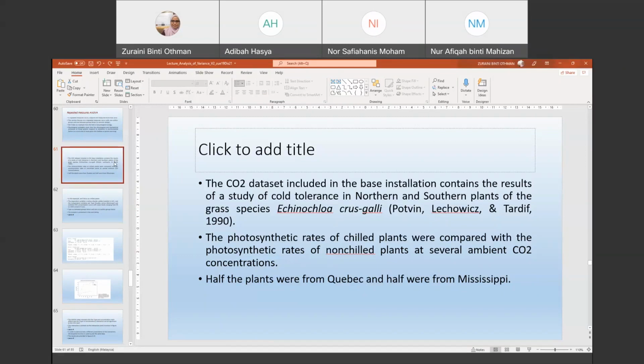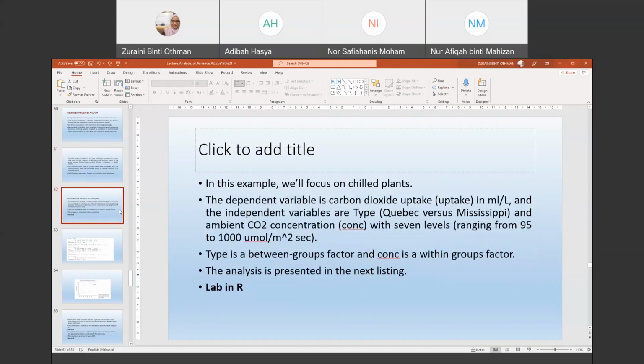Okay, in this example, we will focus on chilled plants. The dependent variable is carbon dioxide uptake in milliliters per, units.